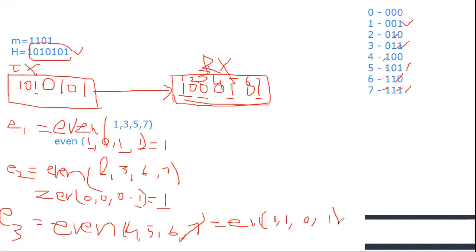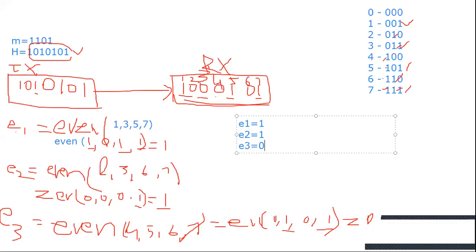Check how many ones are here? Two ones are there, so it is already even parity. To make it even parity, the error bit is taken as 0. That means E1 equals 1, E2 equals 1, E3 equals 0.